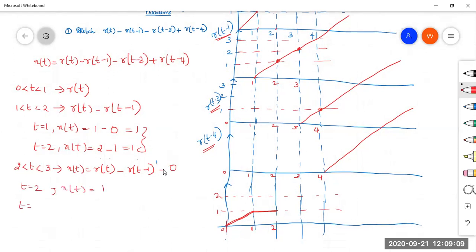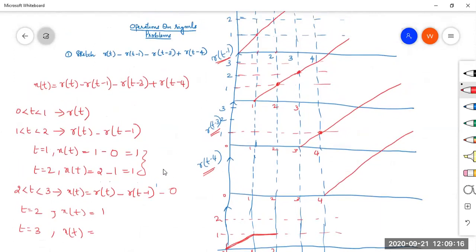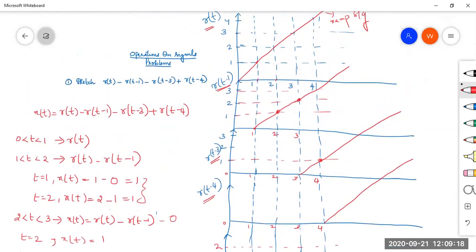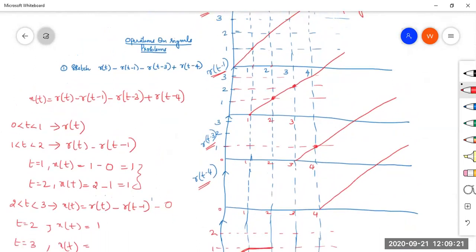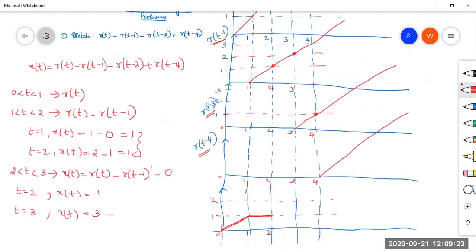Now at t is equal to 3, r of t will be equal to 3, and r of t minus 1 is 2. So here also the value remains constant between these two intervals. Between 2 and 3 it remains constant again, the value is 1.